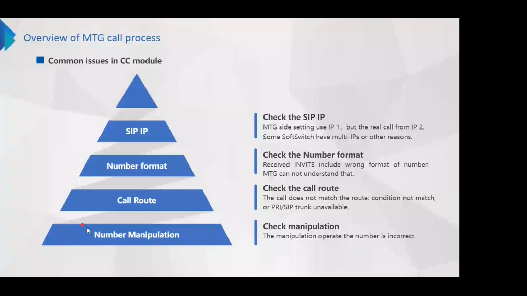If you don't know what number manipulation means, please don't touch it. If you change it, make sure you know what you are doing. Otherwise, the call may be sent in the wrong direction.